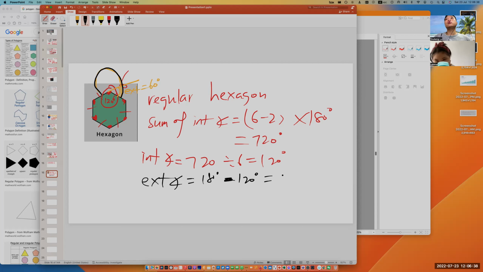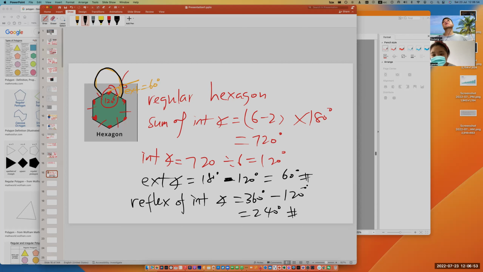You need to know which formula you use. The reflex of the interior angle is 360 minus the 120, which is 240.